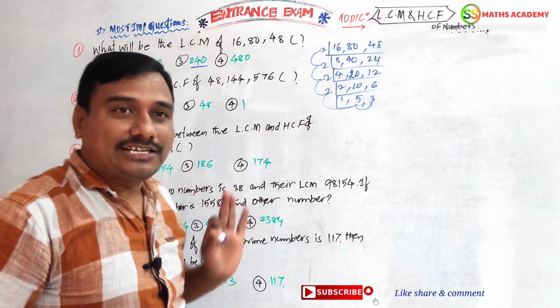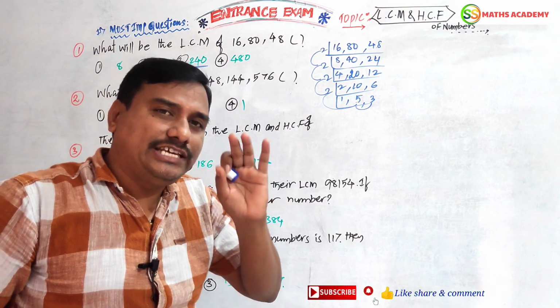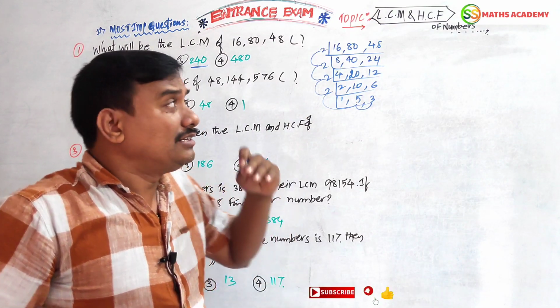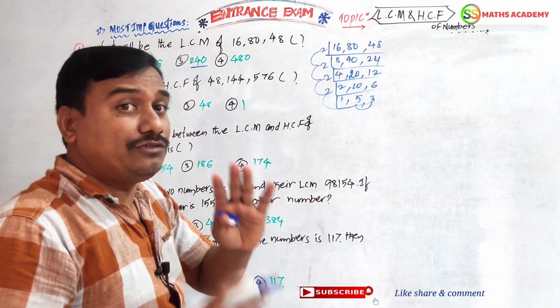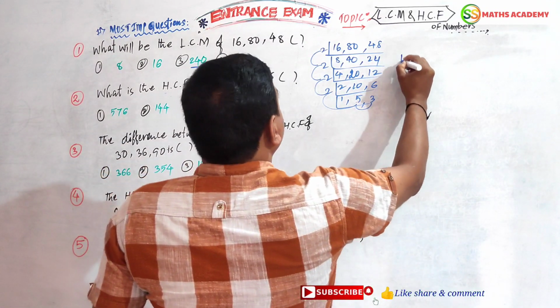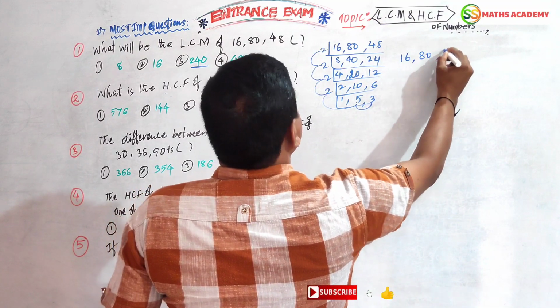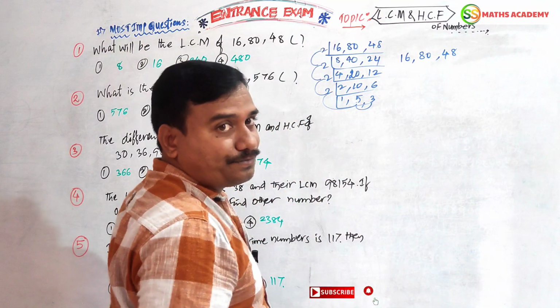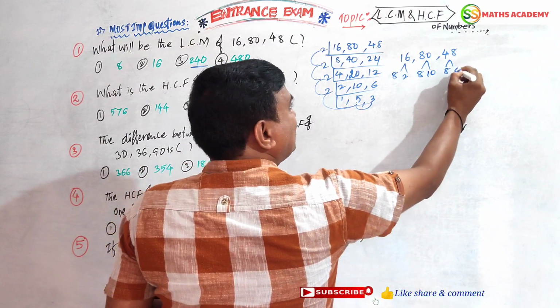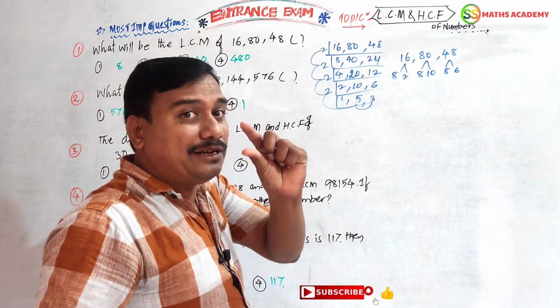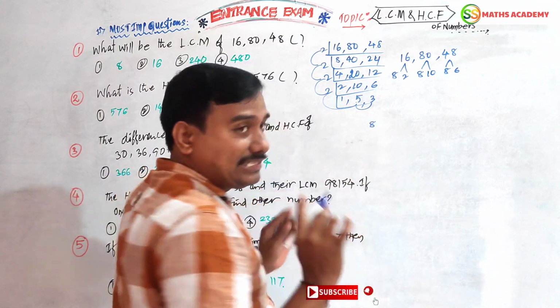This is one shortcut method, and I have one more easy shortcut method also. These are small numbers; for some big numbers it can be useful for you. That shortcut is: 16, 80, 48. 8 twos are 16, 8 tens are 80, 8 sixes are 48. The 8 table. What is the common number? 8. Take 8 as common.